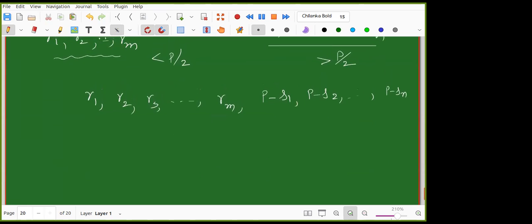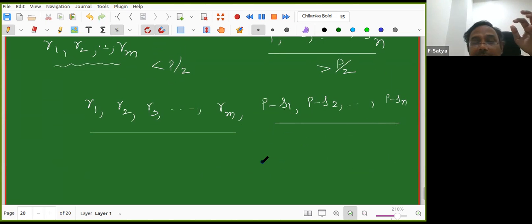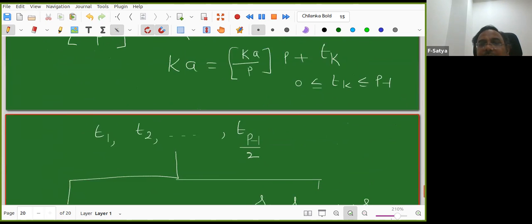Less than P by 2. Good. These are all now less than P by 2. But these are also less than P by 2, right? That is what Gauss observed. And the interesting thing, what happened? Can you guess something?